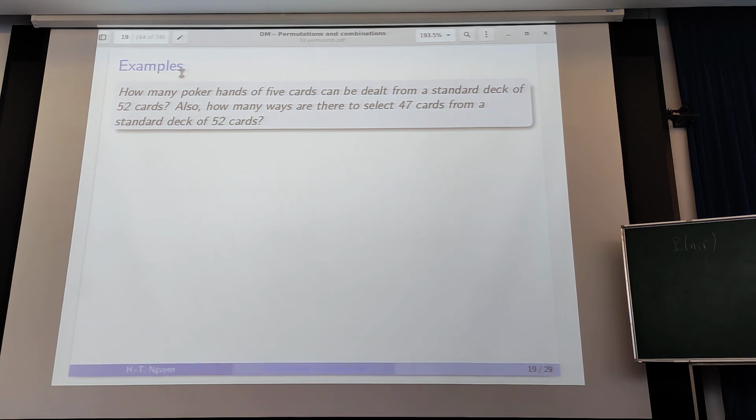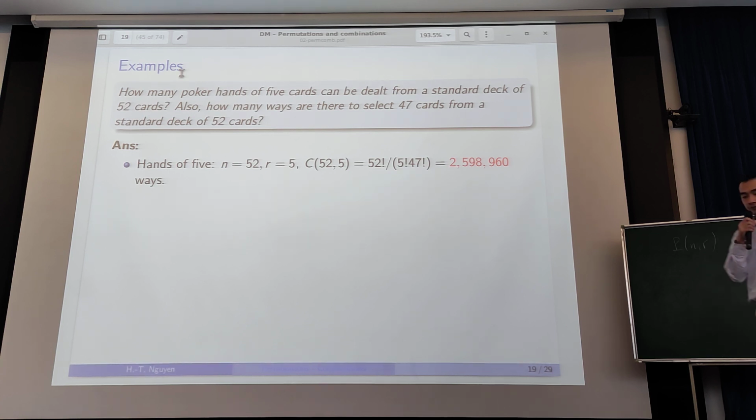Here, when you consider a hand of 5, there is no order. Since there is no order, we use combinations instead of permutations. So you have a deck of 52 cards, and you want to choose 5 without order. That means that the result is 52 choose 5, and we plug the formula to get this.